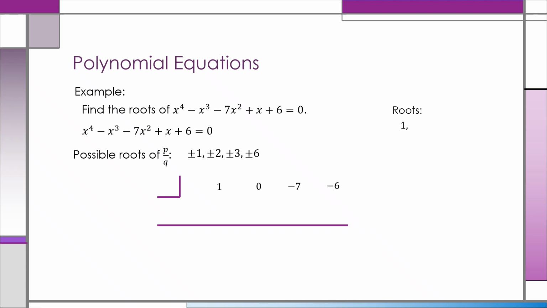So all the numbers from the bottom row will now go on the top row or the first row. Then since 1 is our root, we cannot use it anymore. Depending if we can use this again, or we will see that another 1 when we go over to the quadratic equation.